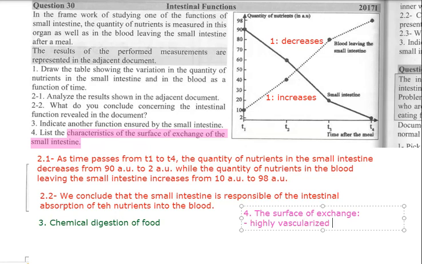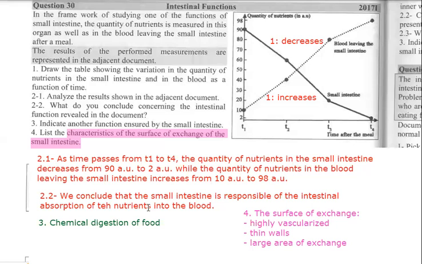So too many blood vessels and lymph vessels connected to it. Okay. It has thin walls. These allow nutrients to cross them easily. And it is a large area of exchange. Okay, this will let more nutrients pass into the blood.